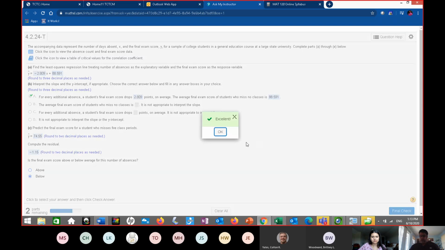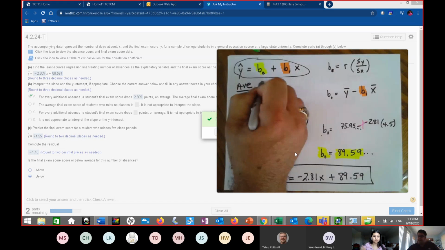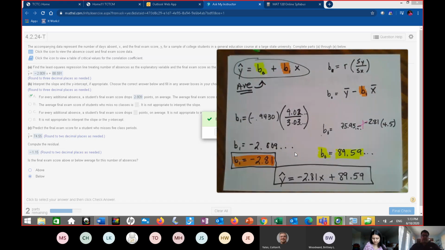Remember, this formula is the average. The formula is the average. The actual is what's in the table.